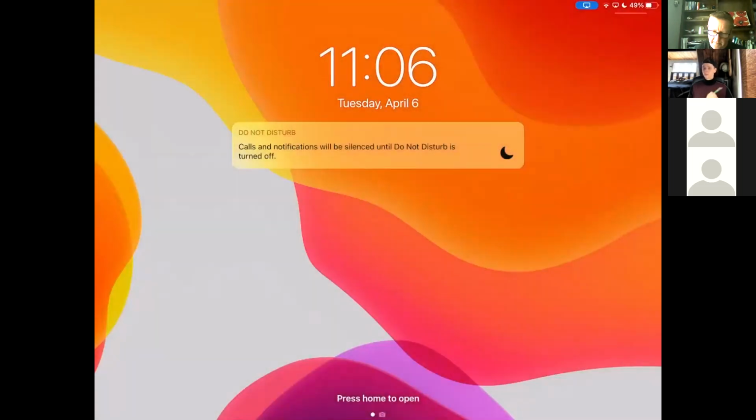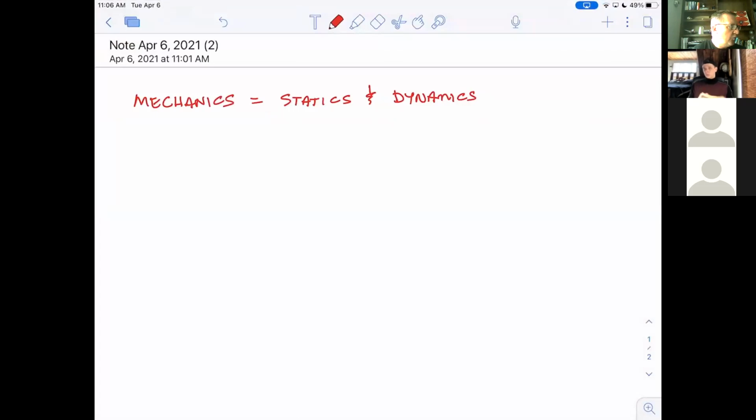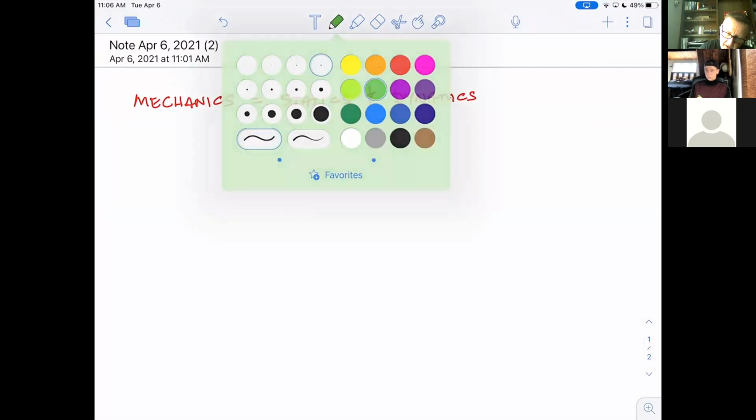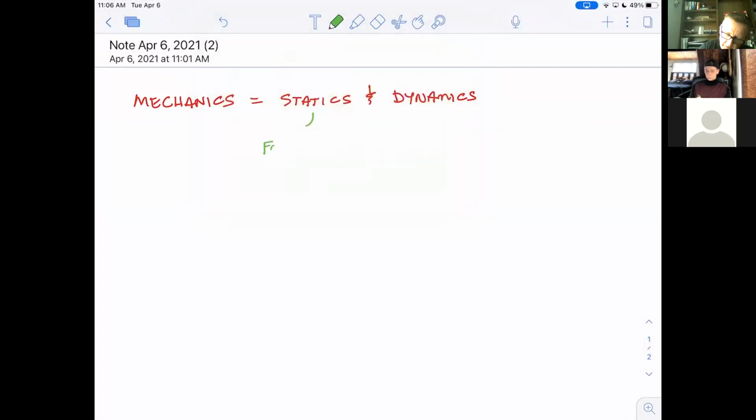Anyway, just to give you a rough sense, mechanics is statics plus dynamics, and we just studied statics. Statics, if you think about it, was the forces required for equilibrium.